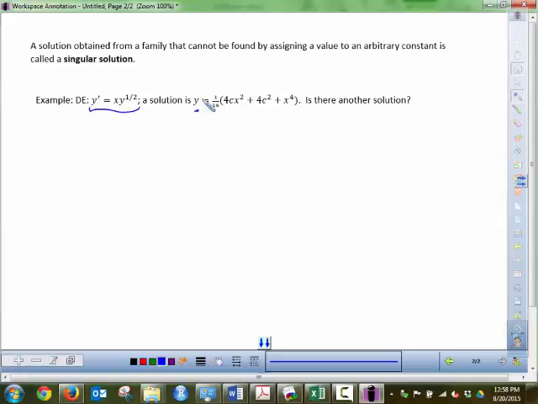What is the trivial solution? 0. Did 0 work? Looks like it, right? So what if y was equal to 0 and y prime is equal to 0? If I put 0 in for y prime and 0 in for y, that looks like it will work.